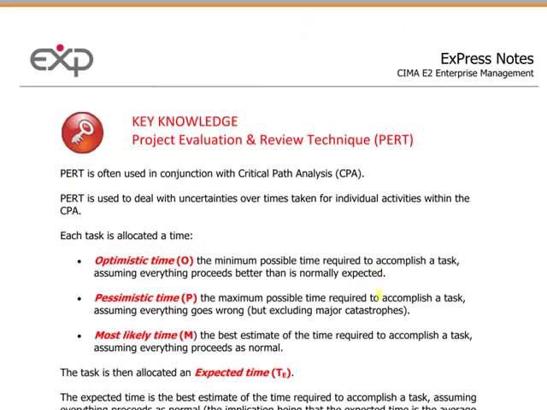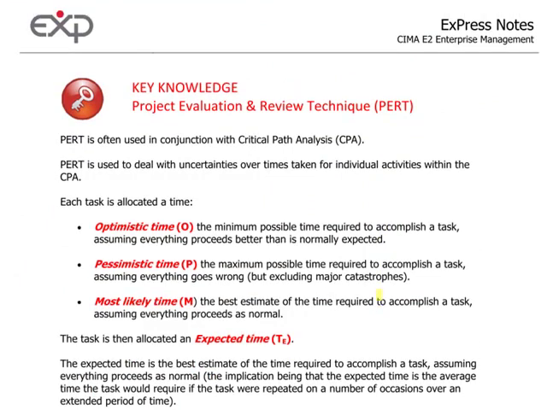Okay, page 23 of the notes. We've got PERT, Project Evaluation and Review Technique. As we say here, PERT is often used together with critical path analysis, but the PERT technique is aiming to deal with uncertainty over times taken, and each task within the project is allocated a time: optimistic time, so the good news time; pessimistic, the bad news, the maximum possible time; and the most likely time.